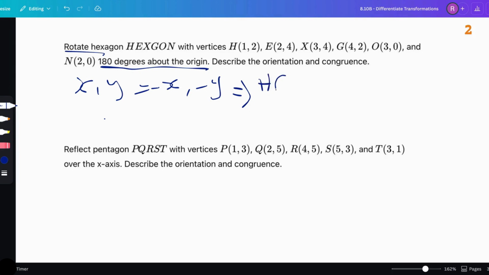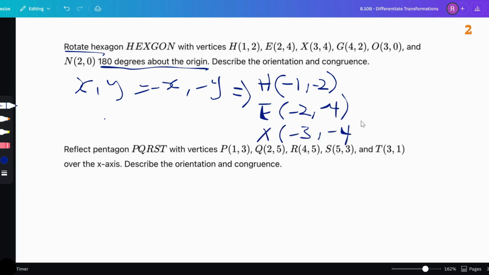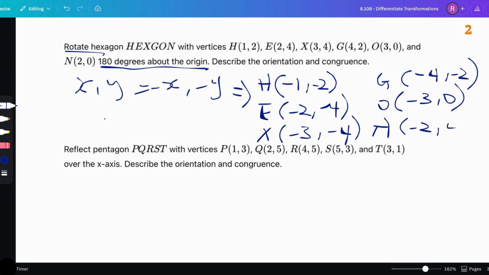So H will become -1 comma -2, E will become -2 comma -4, X will become -3 comma -4, G becomes -4 comma -2, O becomes -3, 0, and then N becomes -2, 0.